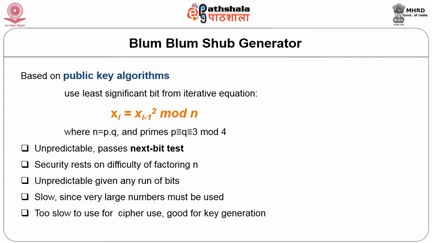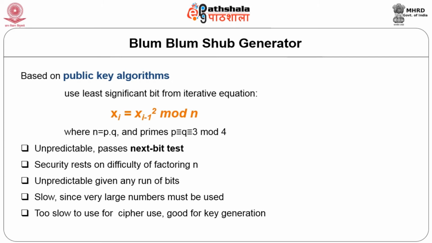The security of this algorithm is based on the difficulty of factoring n, because whatever n we took is p into q, so we should not be able to factor n, otherwise we would be able to guess what p and q are. The algorithm output is unpredictable even given any number of bits, but the algorithm is slow since very large numbers must be used.